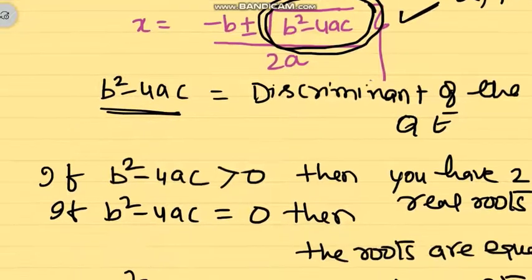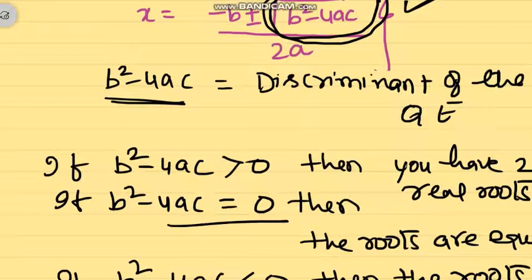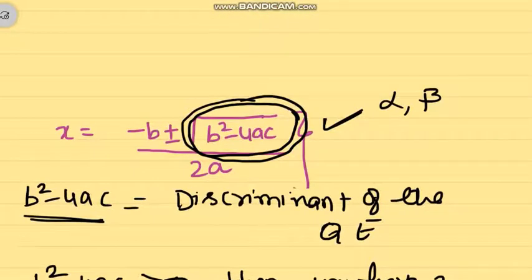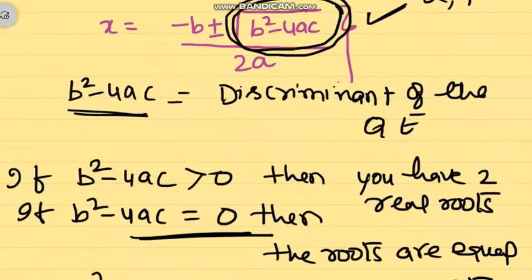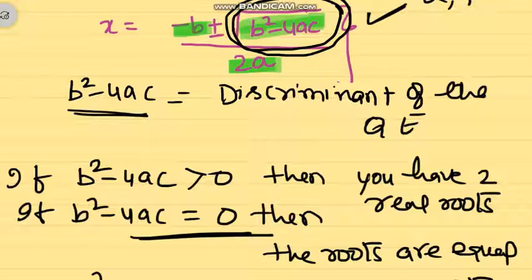And if b square minus 4ac is equal to 0, if this part is equal to 0, you will get minus b by 2a, and that will be twice, because this is a quadratic equation, so you will have two roots, which will be the same, equal to minus b by 2a.